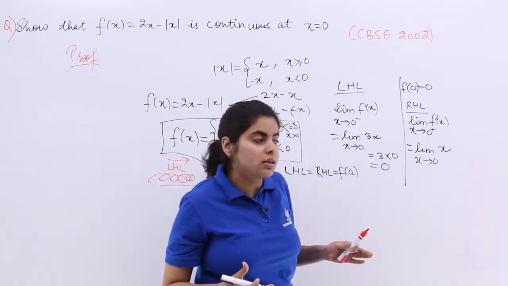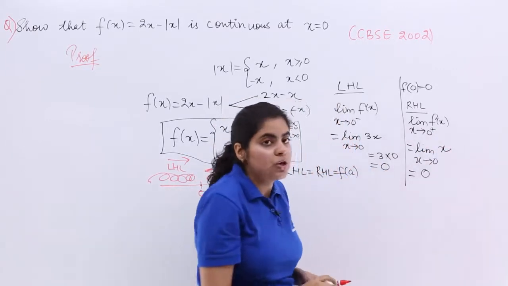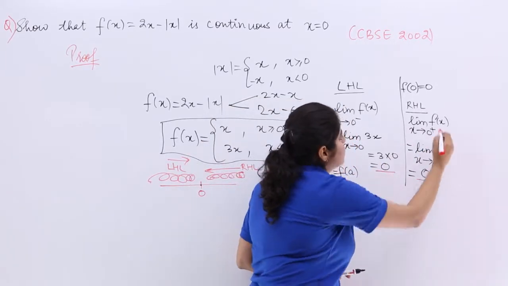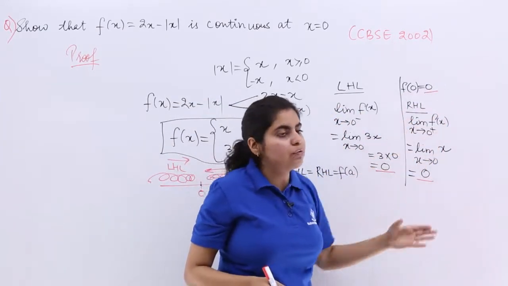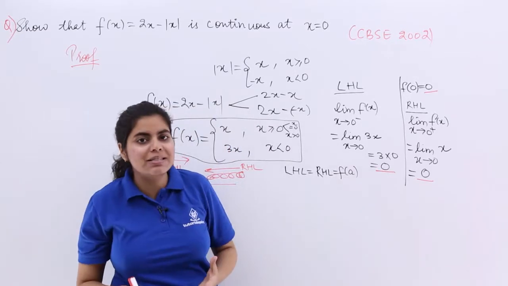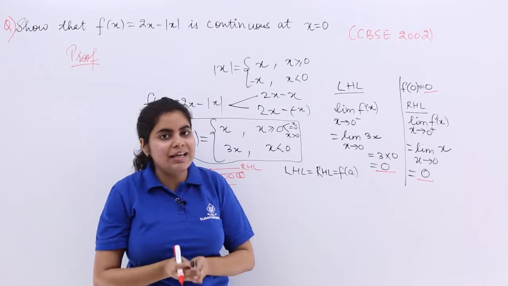Now what is x? The value itself. Just put the value, 0 is put here, it is 0. So all three values are the same: LHL, RHL, and the value of the function, everything is equal and it is equal to 0. So yes, my function is continuous at x = 0.